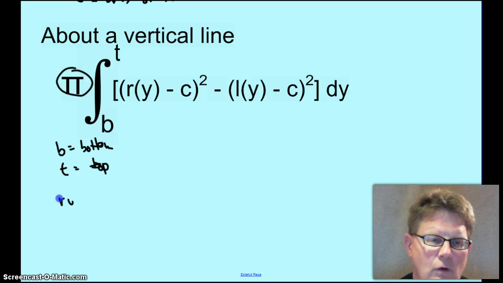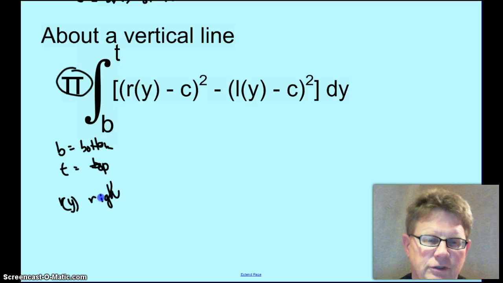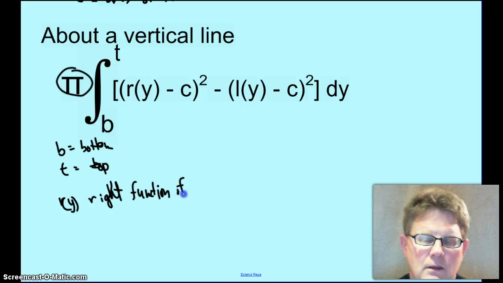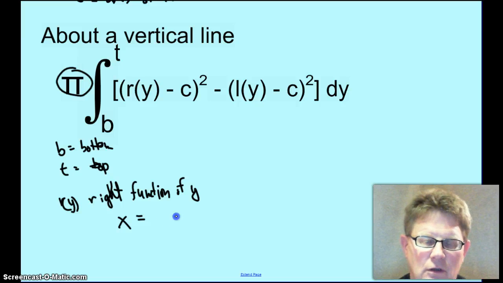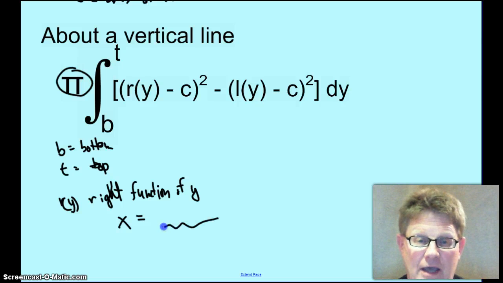R of y is the right function of y, which means x equals some function of y.